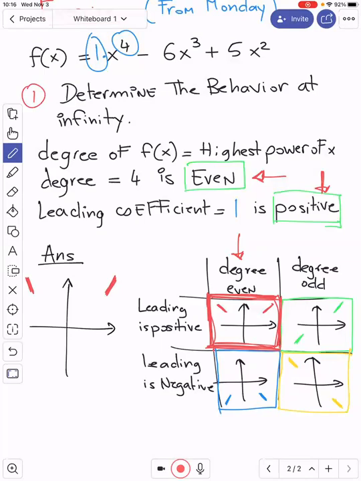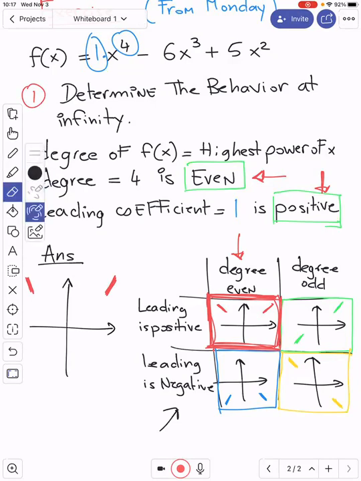In the test, or in the final, you're probably gonna have to graph some polynomial function, right? So my advice for you guys is to write down this table in your review or your formula sheet, and then use it to determine the behavior at infinity.